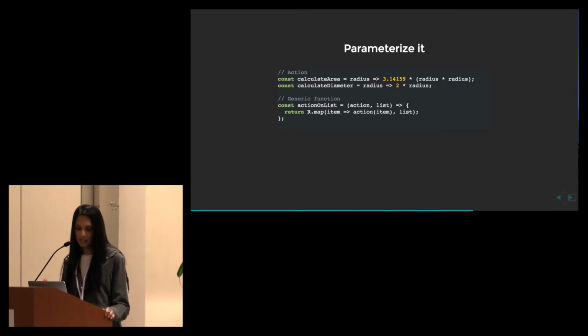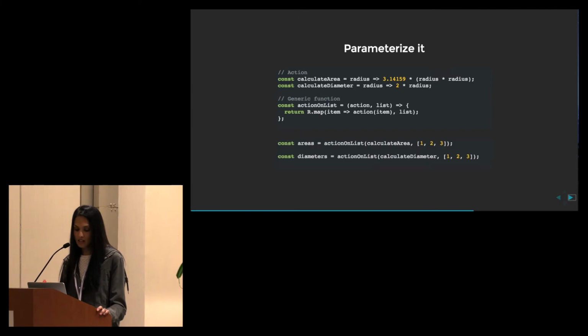So one takes a radii and calculates the area, one takes a radii and calculates the diameter. And we create a generic action function that takes our action and some list and maps over that list and performs the action on it. We parameterize our behavior. And so we can get our areas and our diameters.